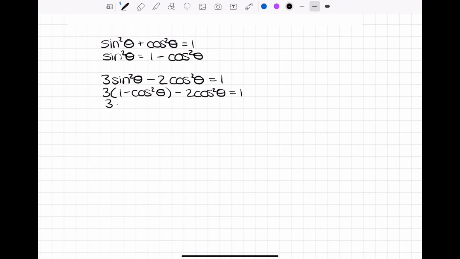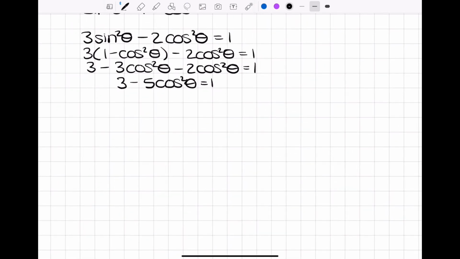If I expand all of this, and then collect my cos squared terms, nobody likes a negative cos squared, so I'll move that one to the other side and move the 1 over. So I know that cos squared is 2/5.